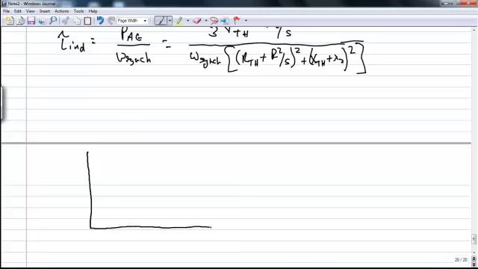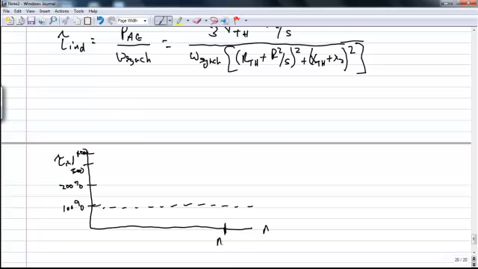So here's what it would look like again if we plotted it. Here's our induced torque, and on the vertical axis this will be expressed as a percentage of the full load torque. So here is the full load torque. This is speed.